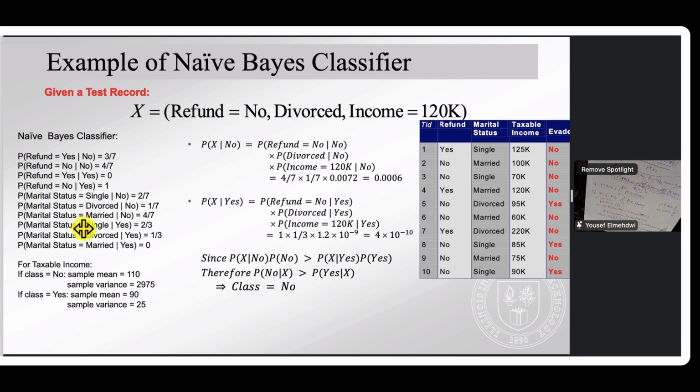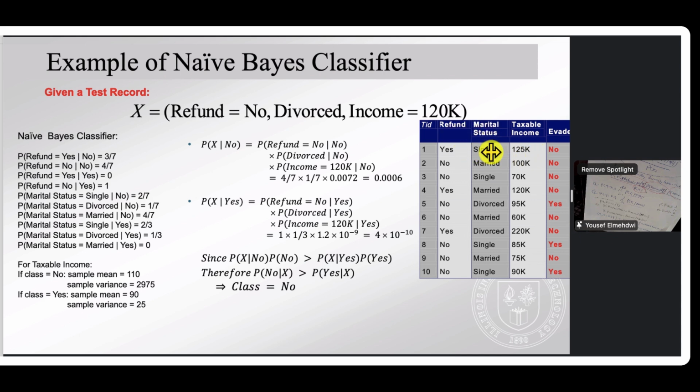Let's have one example here. For example, the marital status equal single given the class label equal yes. Think about this categorical feature. So I have nc divided by n. So n in this case is equal to 3. Only 3 instances have the class label equal to yes. And what is the value of nc in this case? How many of them have the marital status value equal to single?